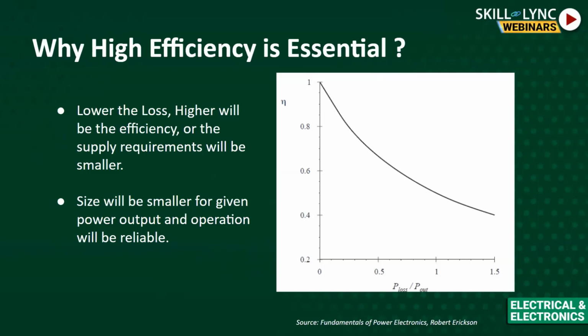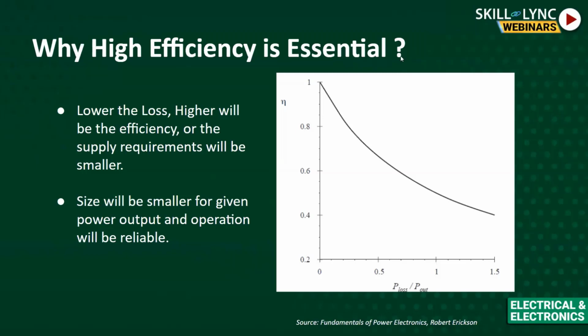So now what is the point here to note down? The efficiency is related to the loss of this converter. So when you need high efficiency, obviously you need a low loss, or vice versa. When you have a lower loss, you will have the higher efficiency. So the other way, I can say, if efficiency is higher, the supply requirements can be much smaller.